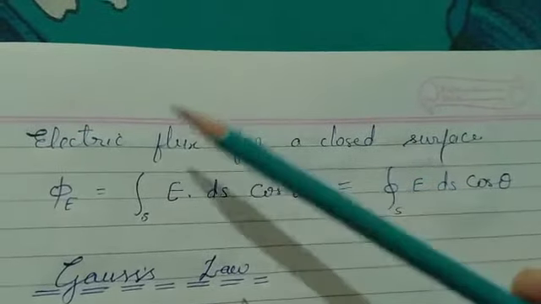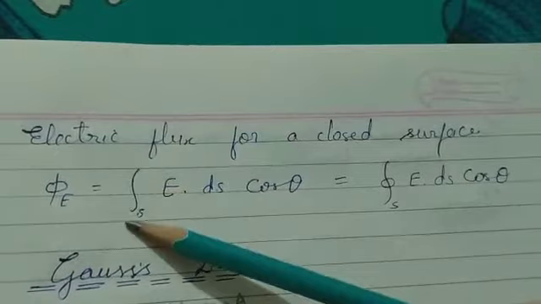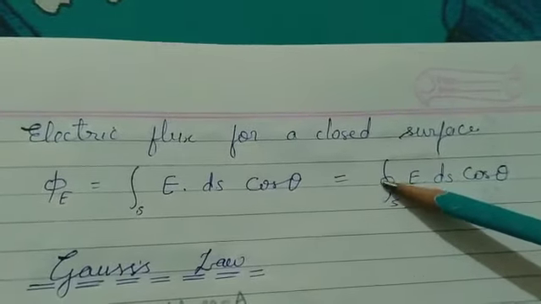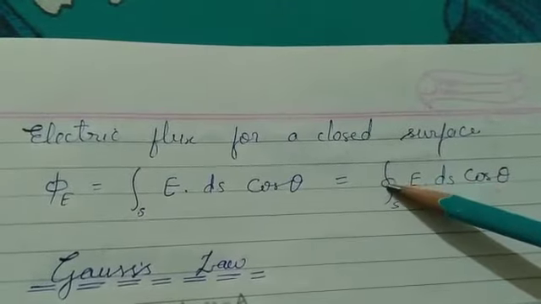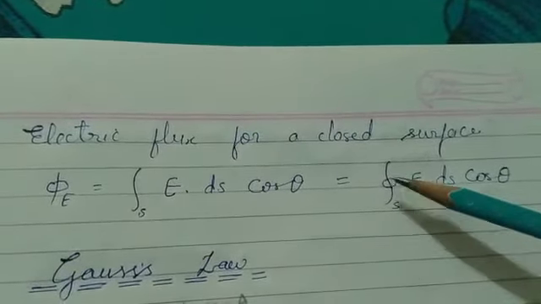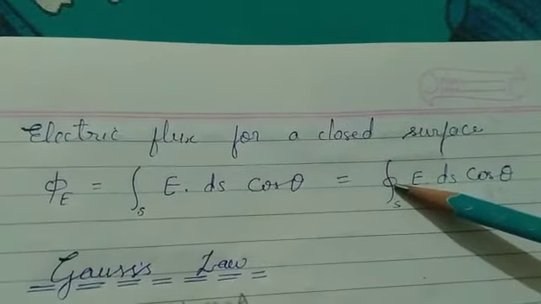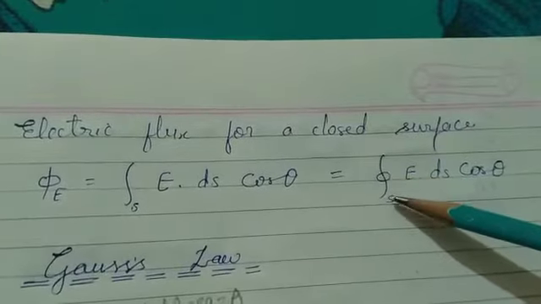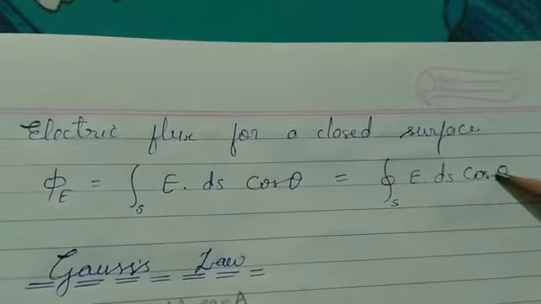Here you can see the integration sign with a circle on it. This is called circle integration or closed integration. This is for a closed surface, so it can be written in this way: circle integration over the surface of E into ds cos theta.